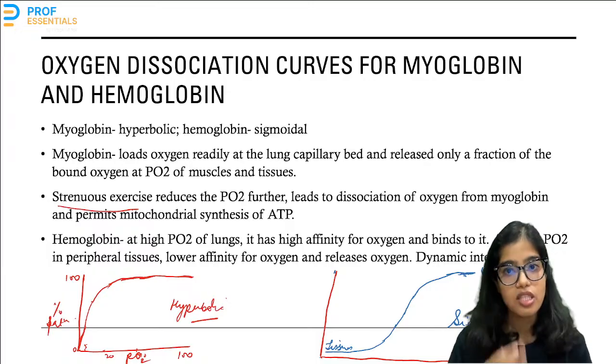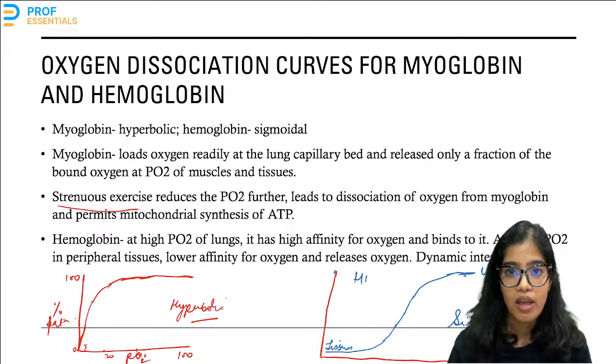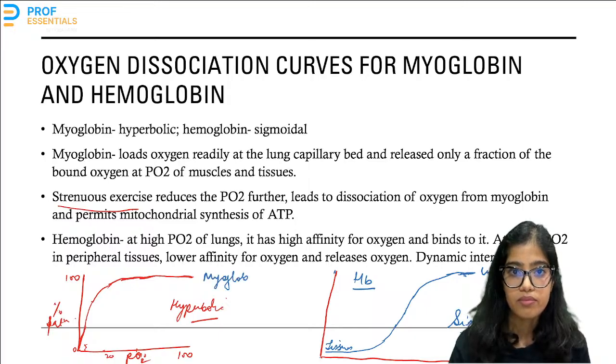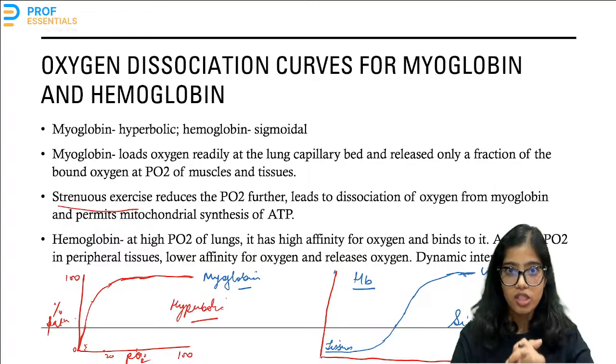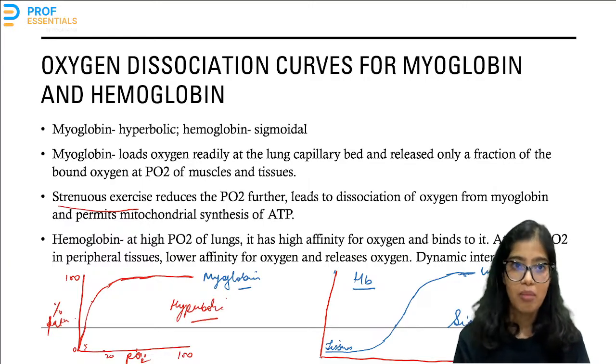So this is the sigmoidal curve of hemoglobin and this is the hyperbolic curve of myoglobin. So this was all regarding hemoglobin and myoglobin.